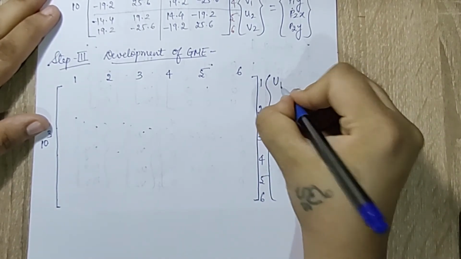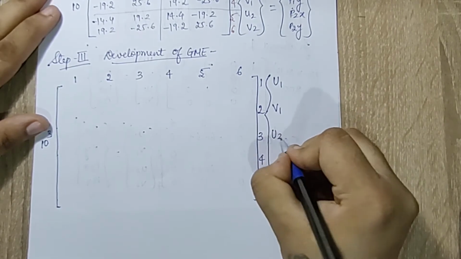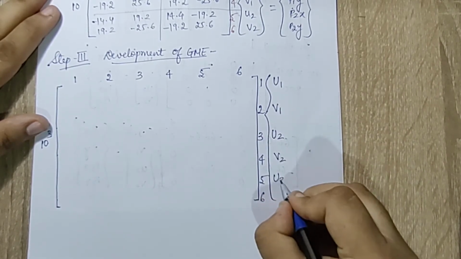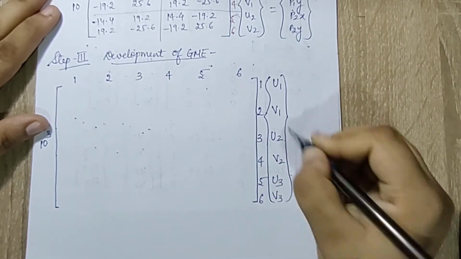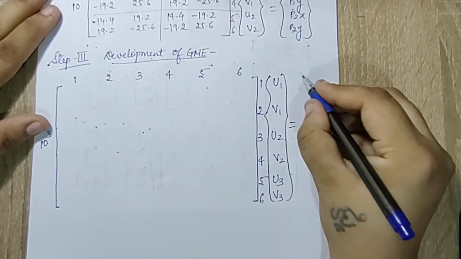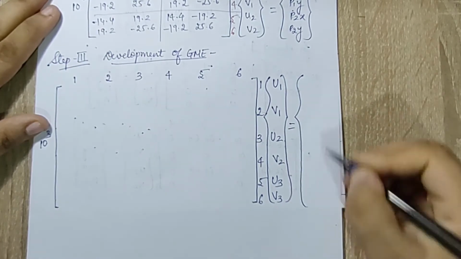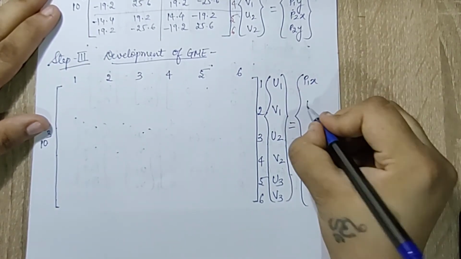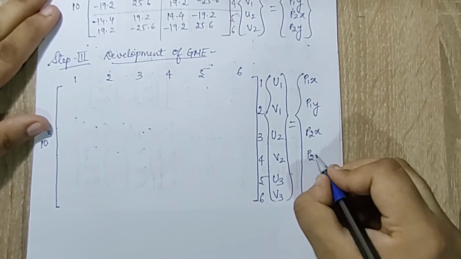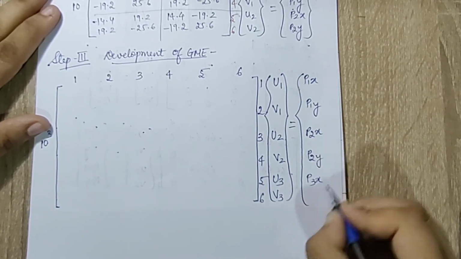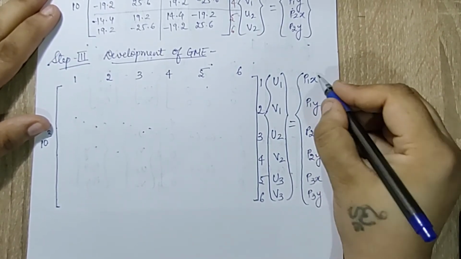Here I'll have U1, V1, U2, V2, U3, V3, because there are 3 nodes each having 2 degrees of freedom, is equal to P1x, P1y, P2x, P2y, P3x and P3y.